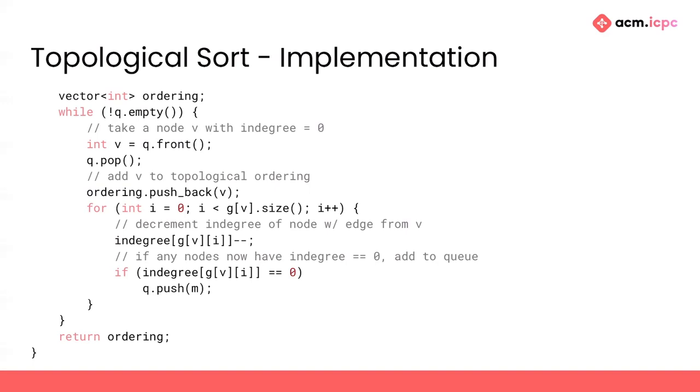Then we go through all of its neighbors and decrement their integrity, because we just removed this node, so it has no more outgoing edges. As a result, its adjacent nodes decrease their integrity. If any of these neighbor nodes now have integrity 0, then we'll add them to the queue. And at the very end, we'll just return the ordering.